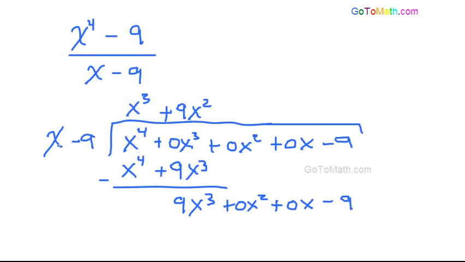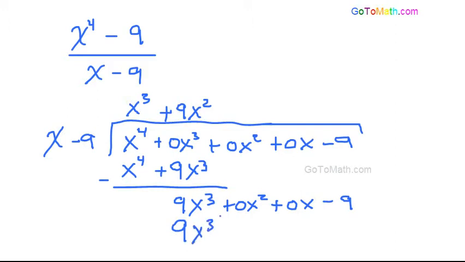Okay. So what do we got? Where am I at? Something's fishy there. I've already lost figuring out what I'm doing here. Oh, x goes into 9x cubed, 9x squared. Okay, so then we go 9x squared times x is 9x cubed.